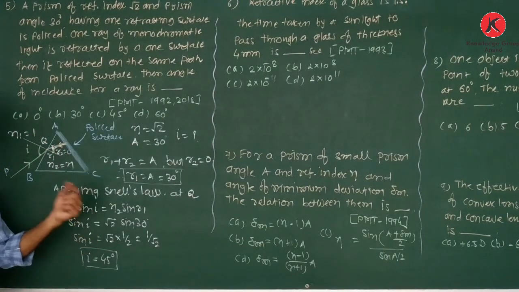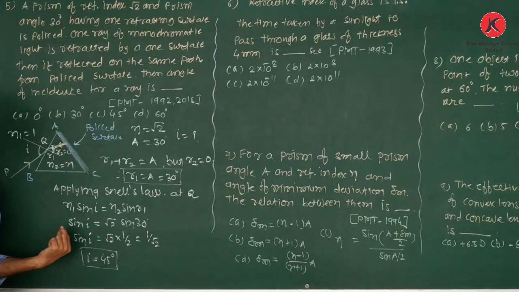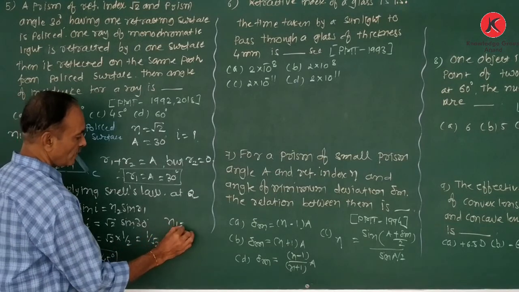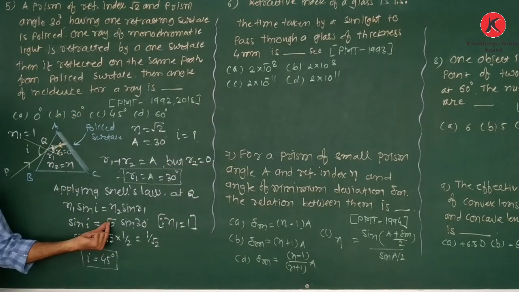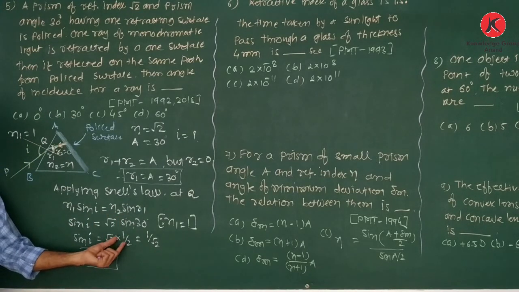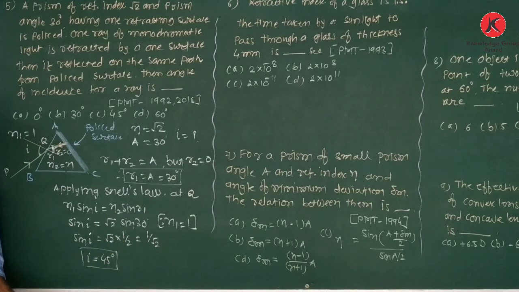Now n1 sine I is equal to n2 sine I1. Therefore n1 is 1 for air. Therefore n2 is root 2, sine 30 is 1 by 2. Therefore 1 upon root 2. Sine 45 has the value 1 upon root 2. Therefore the angle of incidence is 45 degrees.